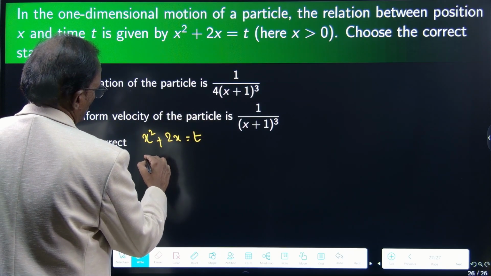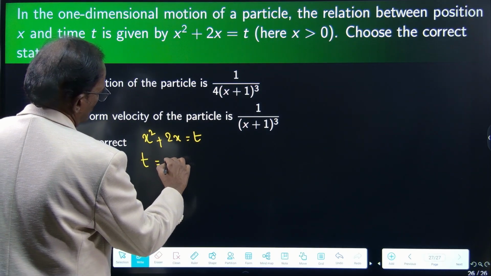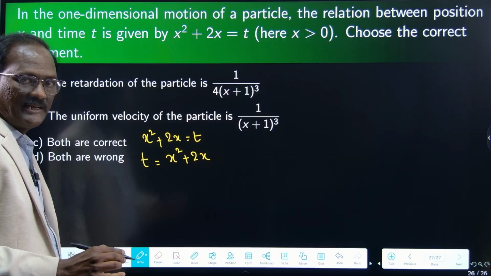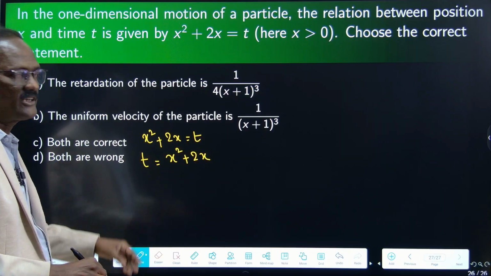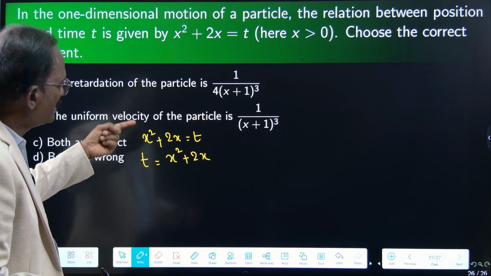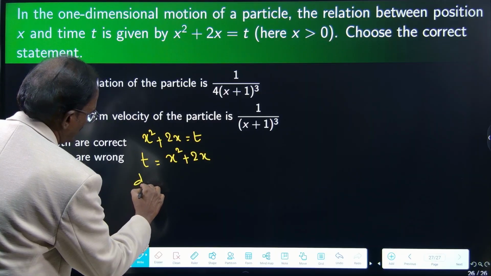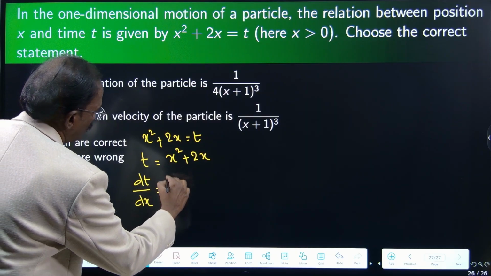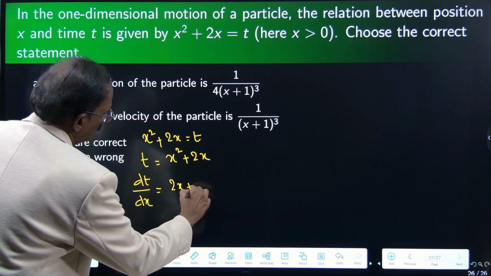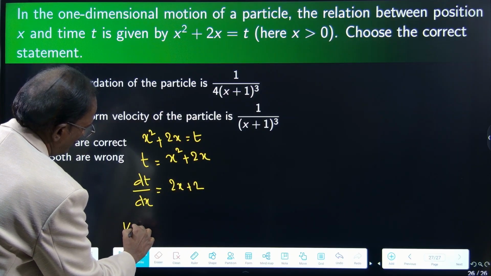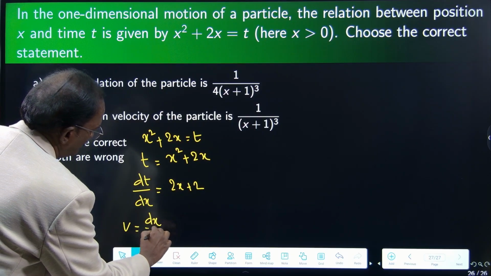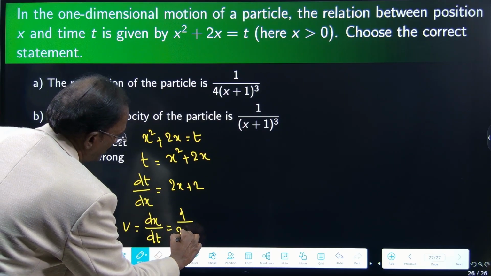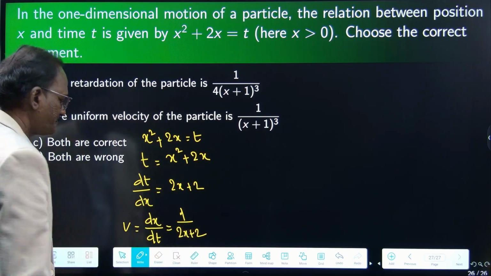So let me write it as t = x² + 2x. Velocity is dx by dt, but directly we can't get dx by dt. We can find dt by dx, which is 1 by velocity, equal to 2x + 2. So v is the reciprocal of this value. v = dx by dt = 1 divided by (2x + 2).